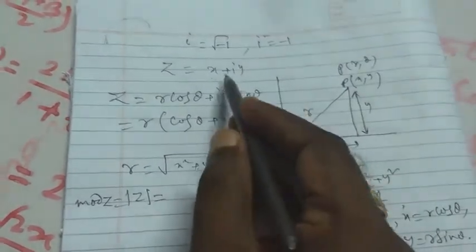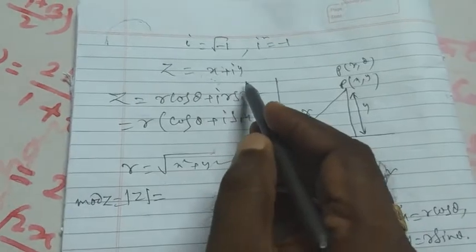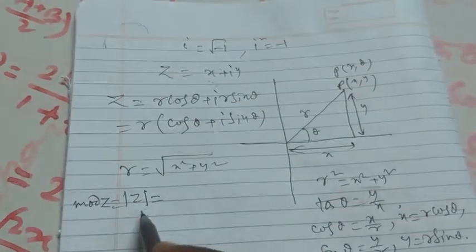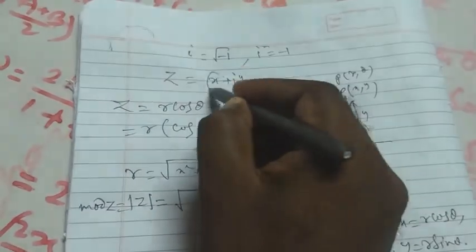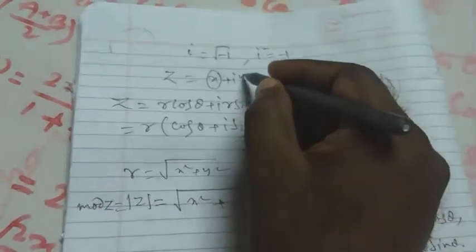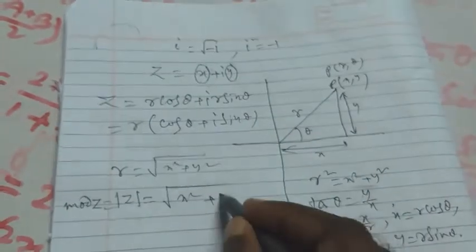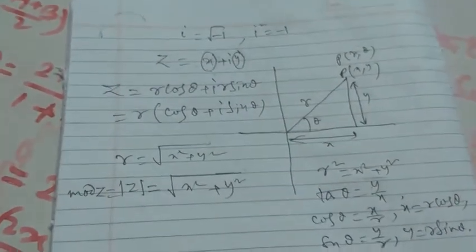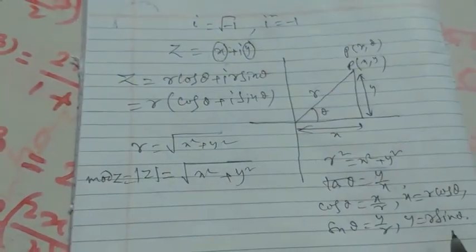Mod of some given complex number z equal to x plus iy, mod of z is equal to the square root of the square of the real part plus the square of the imaginary part. This is called the modulus of z.